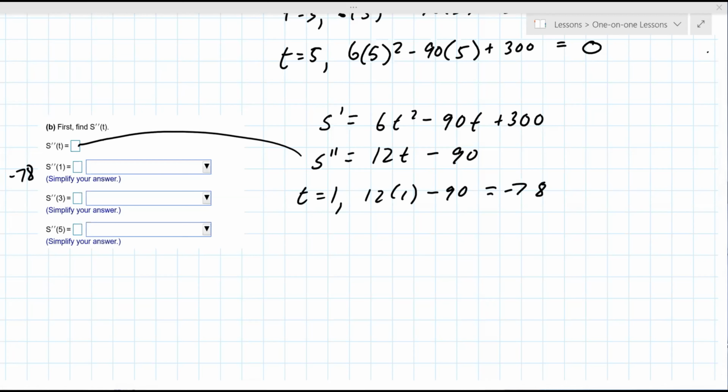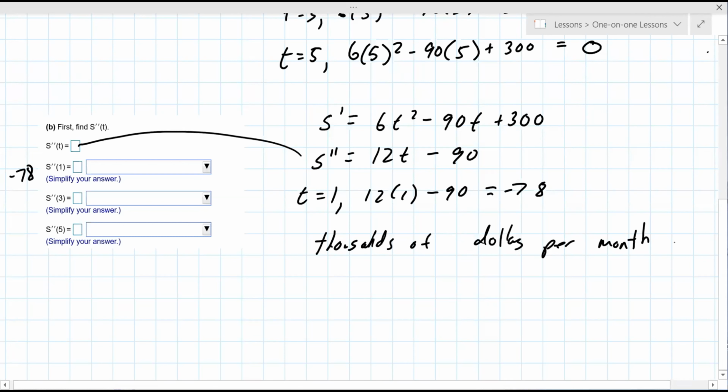And then the answer in the drop down is the same units as the previous one, so it's thousands of dollars per month, but there's one little addition, and that's the squared. That's the extra part, and all three of those are this because all three of them are derivatives.